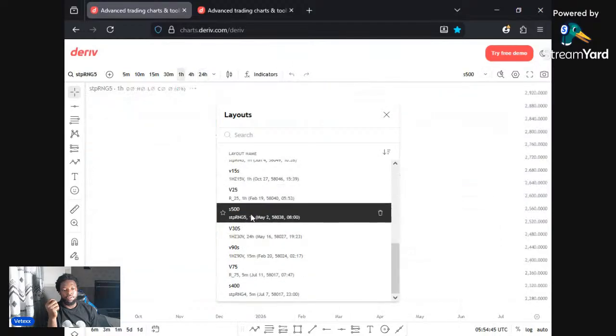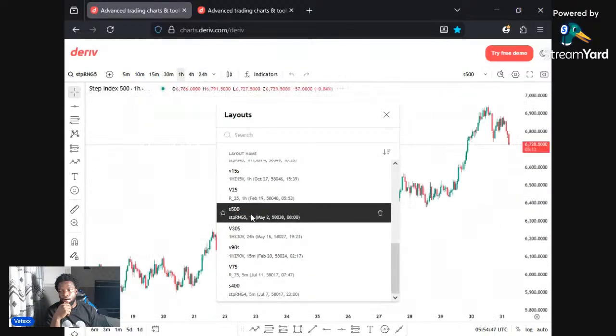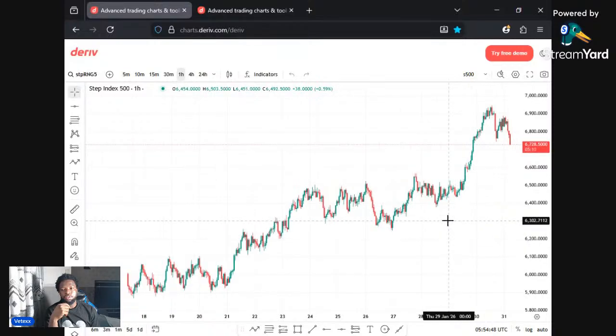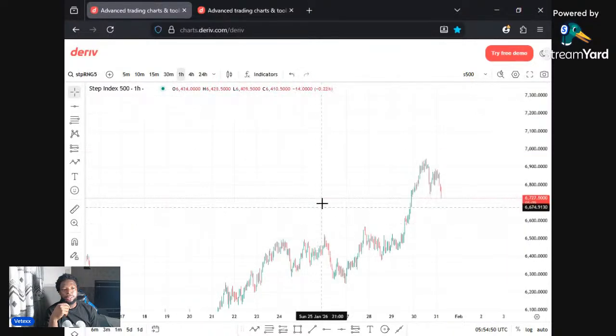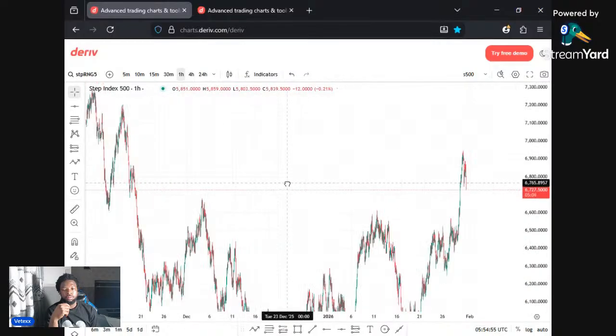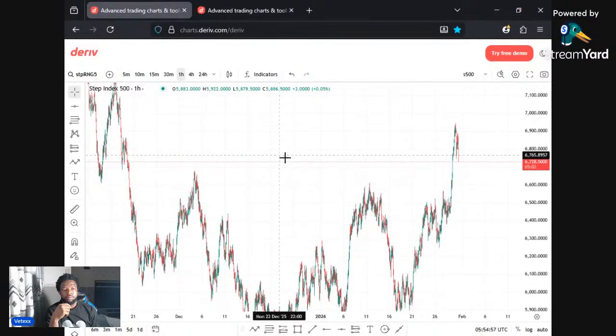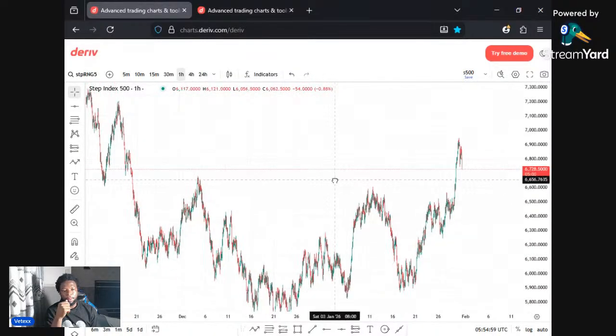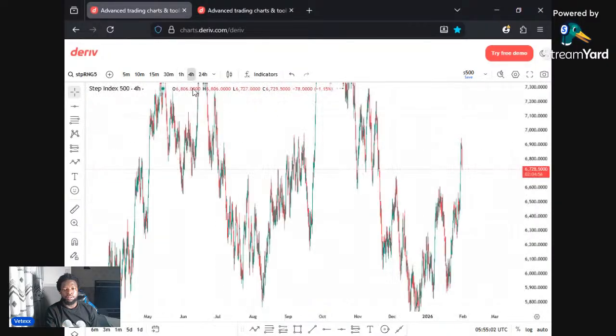So let's check out the next pair, which is the Step 500. What do we have on Step 500? Step 500, the weekly time frame is bearish.